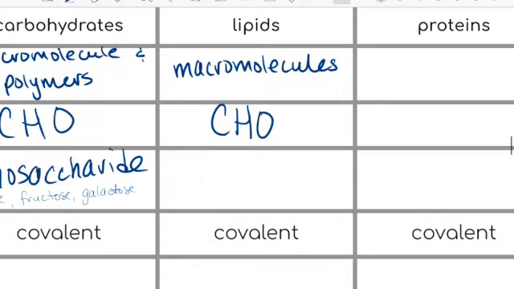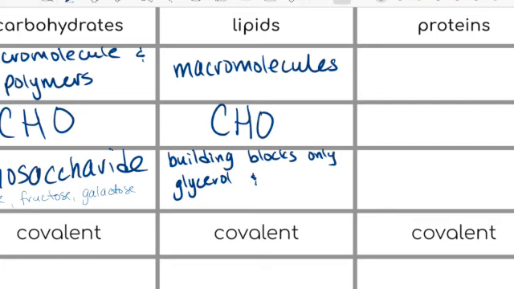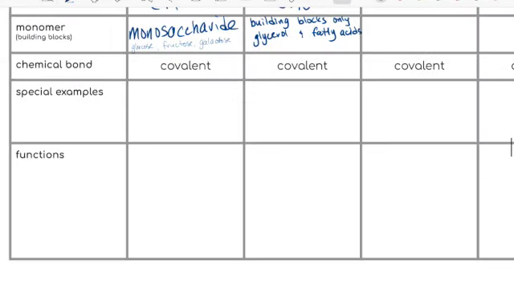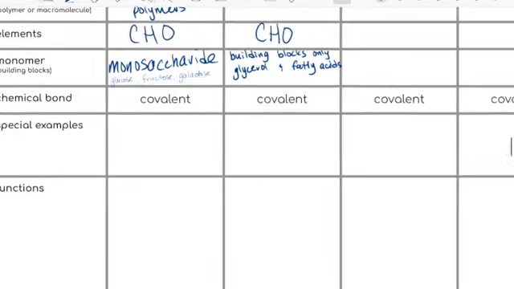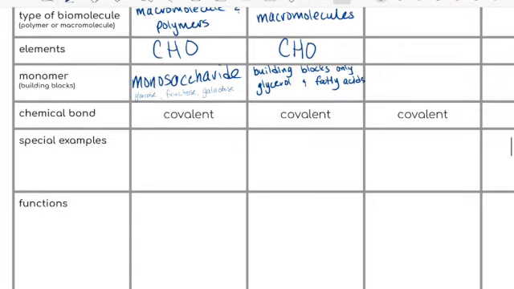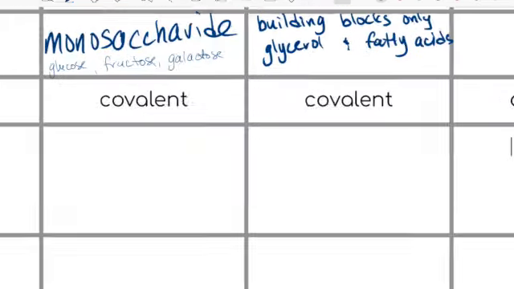But in lipids, it's only building blocks, and these are typically glycerol and fatty acids. The building blocks, or the monomers, are always held together by covalent bonds.